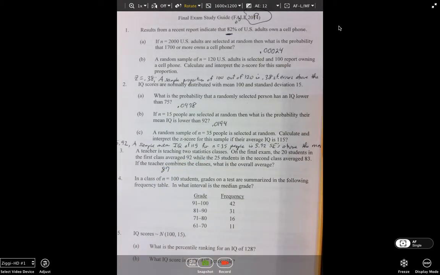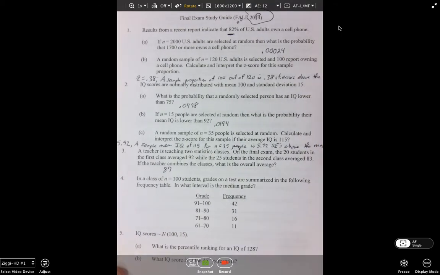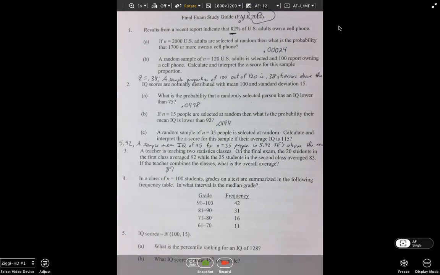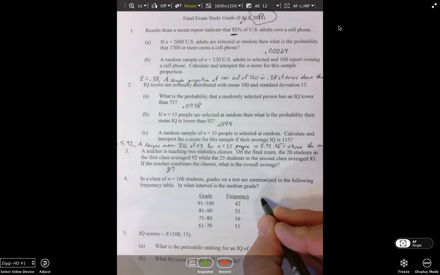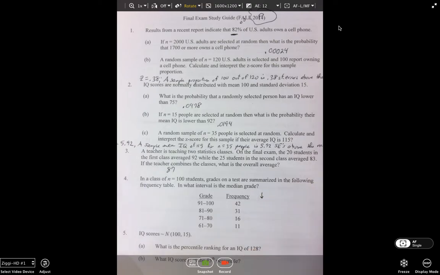All right, problem number 4. You get a frequency distribution. Large class, about 100 students. And what we want to do is find the interval in which the median grade is provided. Now, what I like to do over here is another column with the total.